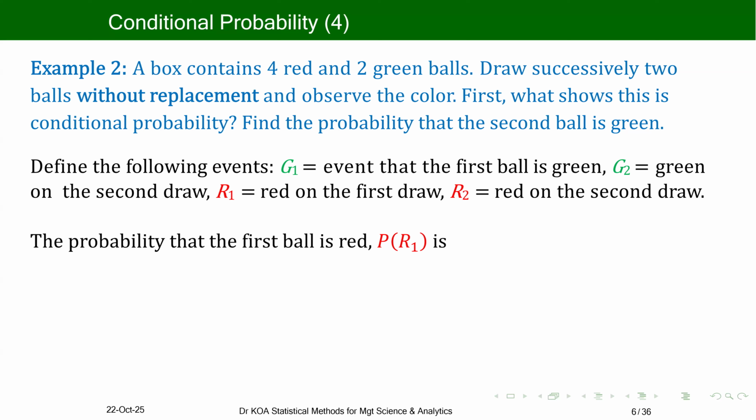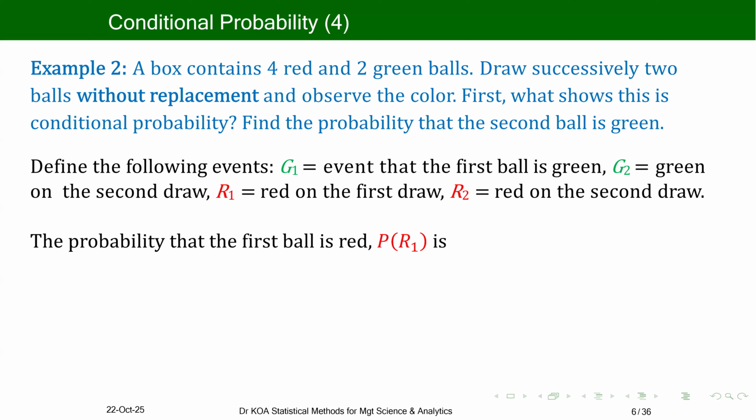Before we ask the question, what shows that this is a conditional probability question? There are 2 things that show it. Albert, give me one. The first is that it is without replacement. Good. Explain to what extent that shows it's conditional.